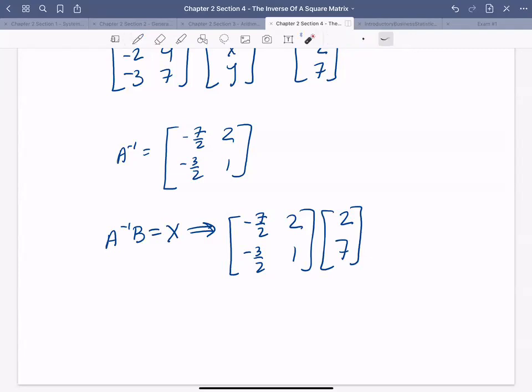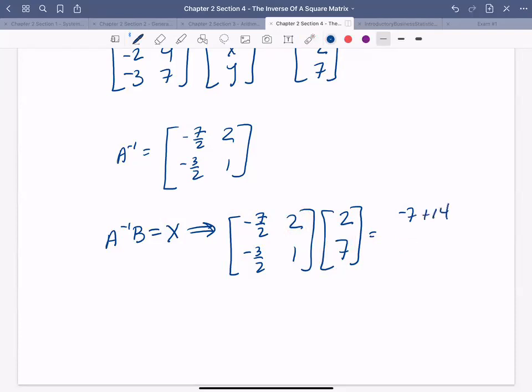So as a review on multiplication, it's the row times the column. So it's -7/2 times 2, which is just -7. Let me space this out a little bit. And then it's 2 times 7, which is 14. Oops, sorry, I wrote in the wrong spot.